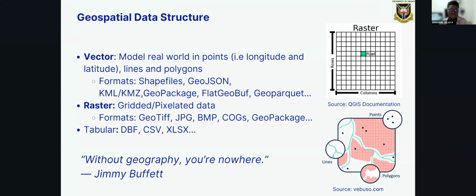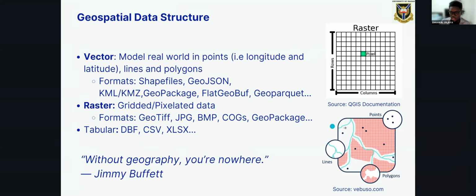So all these things are just the way we store these data sets. At the end of the day, these data sets are still points, lines, and polygons, right? Or multi-polygons. They can be complex as well. But the way we store these data sets such that we can easily share them with each other is by using these formats. So we have the Esri shapefile, we have the GeoJSON, and then we have a lot of them like that.